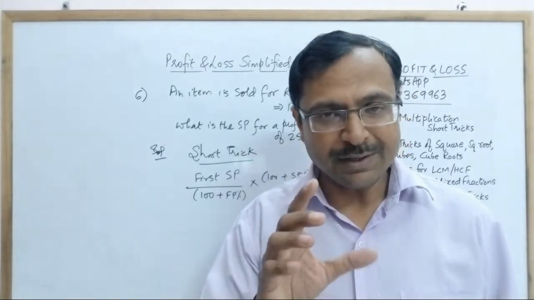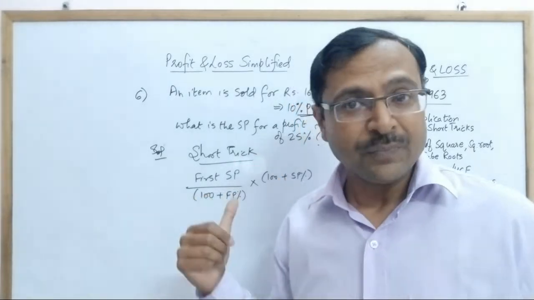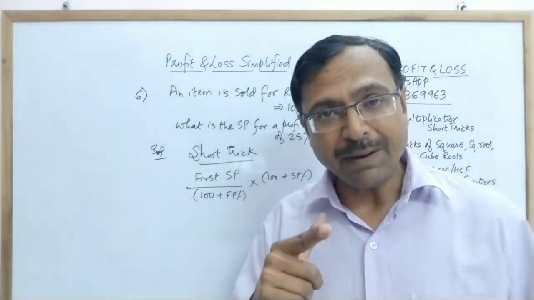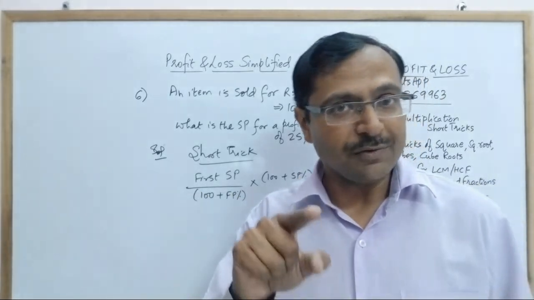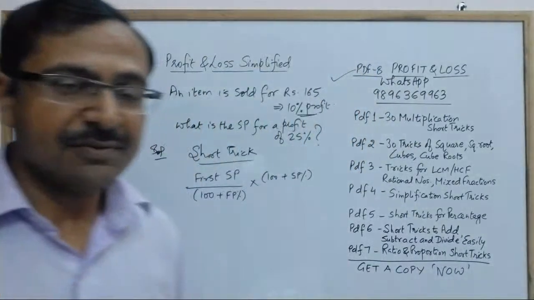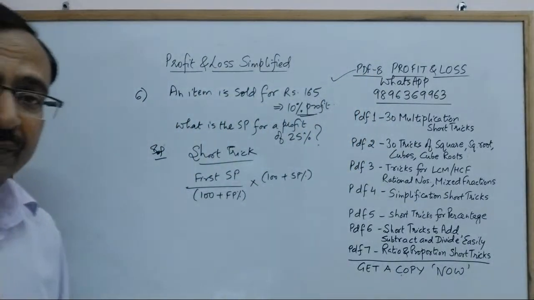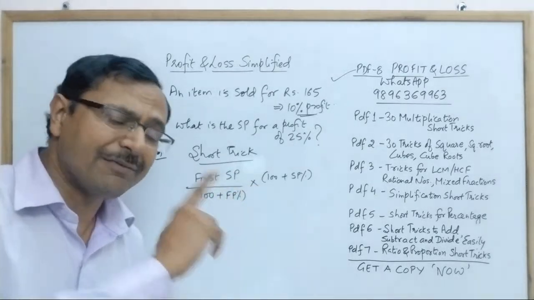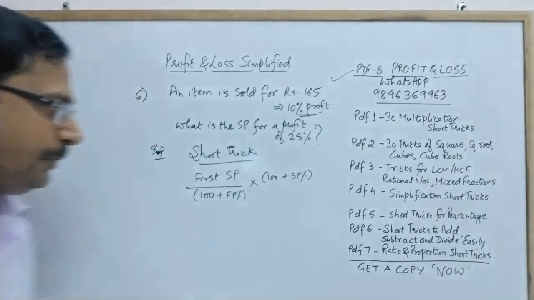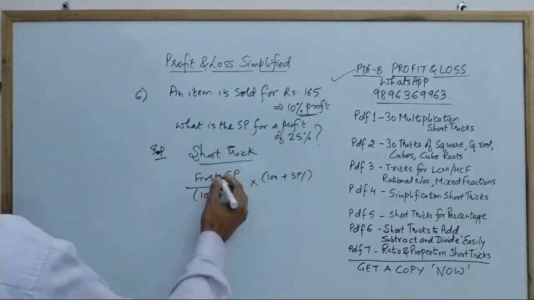Please remember that whenever I tell you a short trick, it means that it can be applied to loss percent also, and loss is always to be subtracted. That is very, very important. Never apply 100 plus profit and 100 plus loss. Everything will go wrong. So let's have the answer for this one.